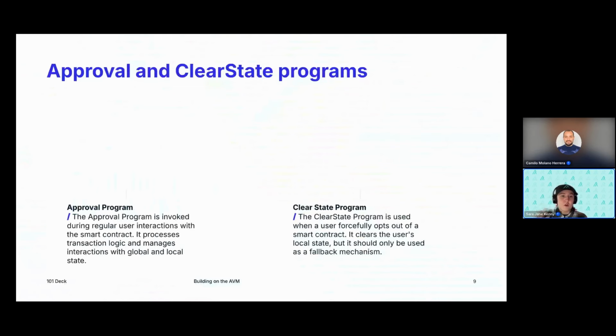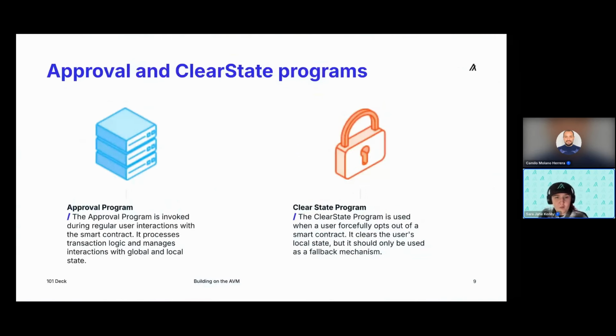So I want to talk to you today about approval and clear state programs. This is getting a little deeper into it, but this is the next step. If you're going to start using smart contracts, you should know what's happening. And so in the approval program, this is for Algorand smart contracts. The approval program is the backbone of regular user interactions with a smart contract. Anytime a user interacts with a smart contract, for example, transferring the assets, opting in, or performing an operation, the approval program is triggered in the process to process the logic behind these transactions.